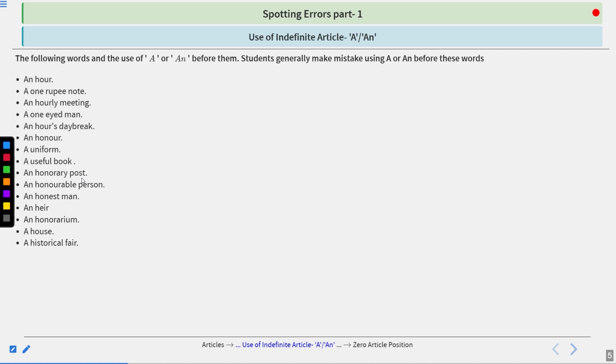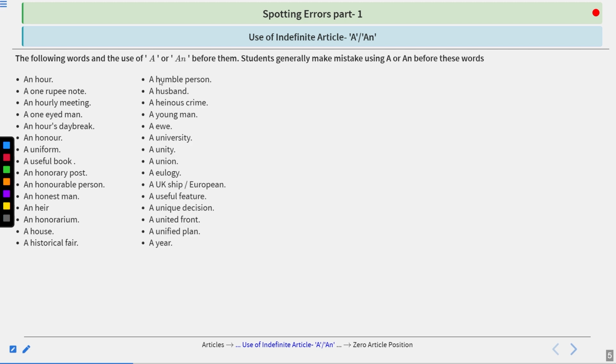And the words are: a one rupee note, an hourly meeting, a one-eyed man, an hour's daybreak, an honor, a uniform, a useful book, an honorary post, an honorable person, an honest man, a year, an honorarium, a house, a historical fair. I hope you have understood.